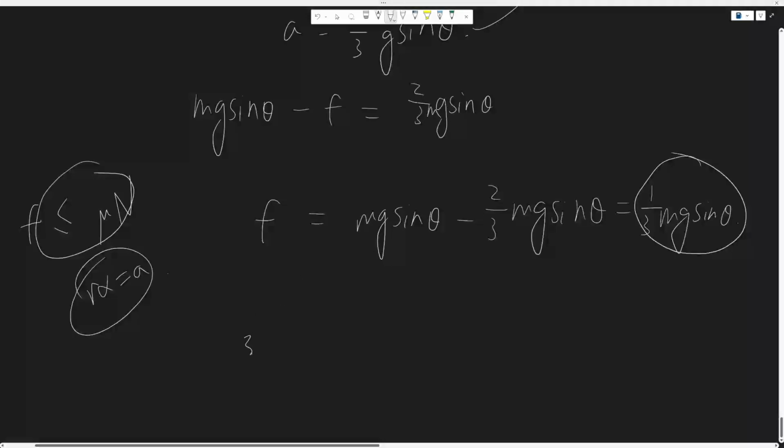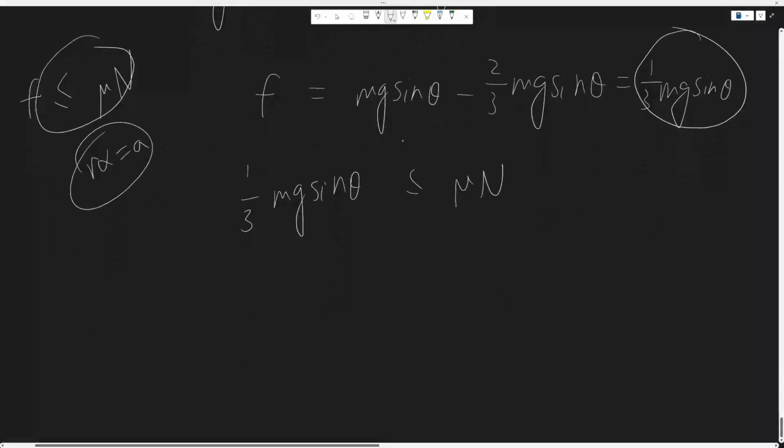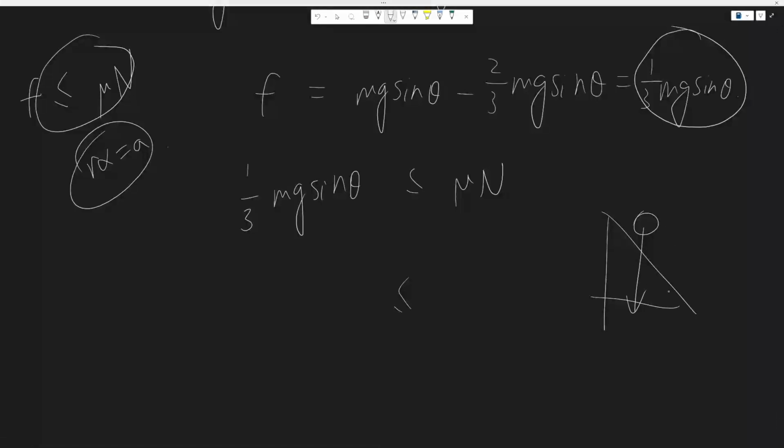So we can write that 1 over 3 mg sine theta must be smaller than or equal to mu n. And the normal force is just mg cosine theta, so it is smaller than or equal to mu mg cosine theta.